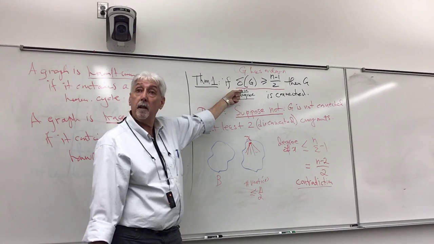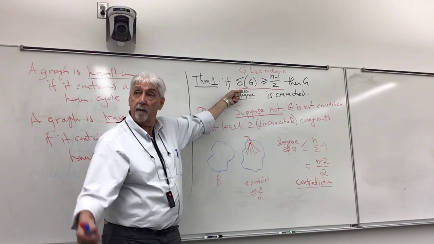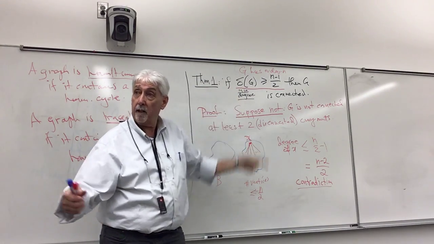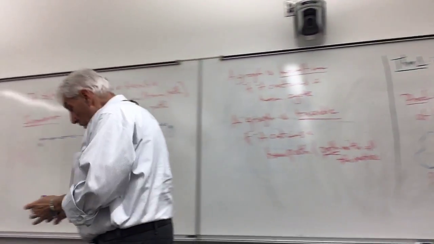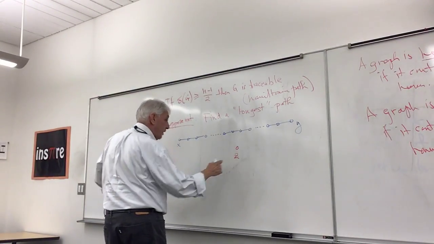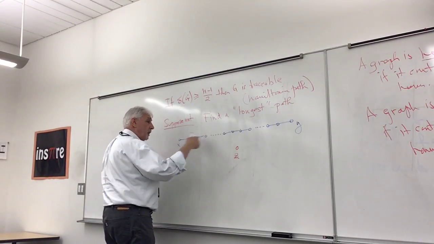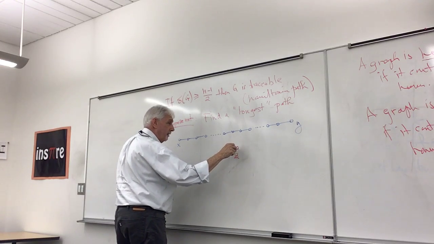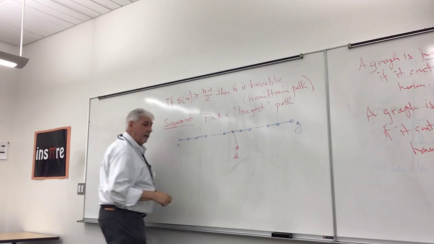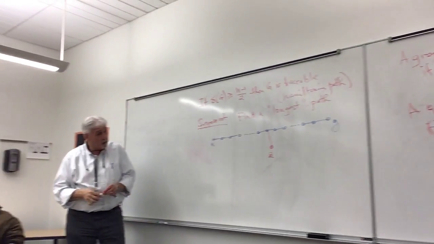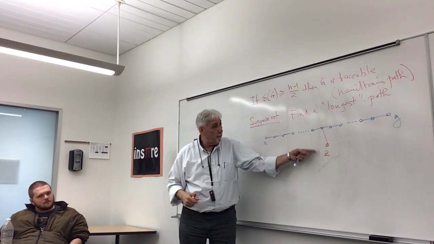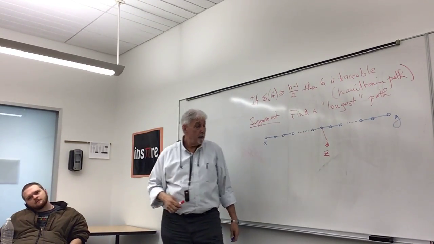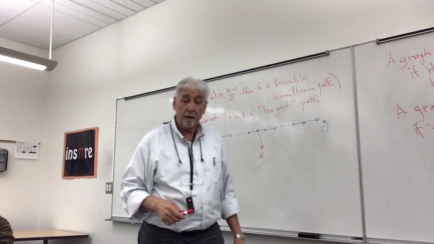Someone said it. Connected. The graph is connected. So in fact, I know that there's a path from Z to the blue path. So there must be some vertex not on the path that's adjacent to the blue path.